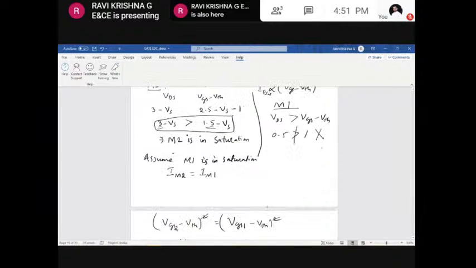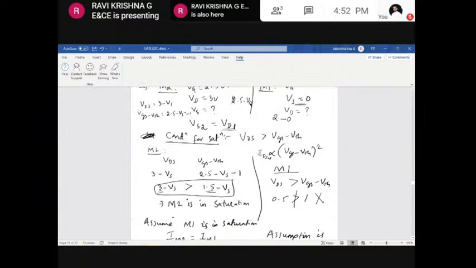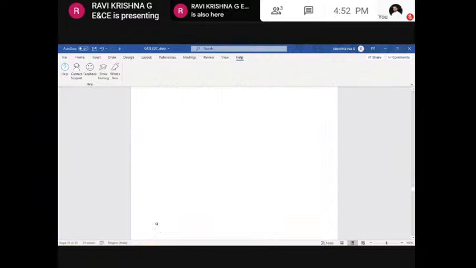M1 was assumed to be operating in the saturation, so the assumption is wrong, which means M1 is not operating in the saturation. Anyhow, it is conducting because VGS is greater than VTH, so definitely it should operate in the linear region.